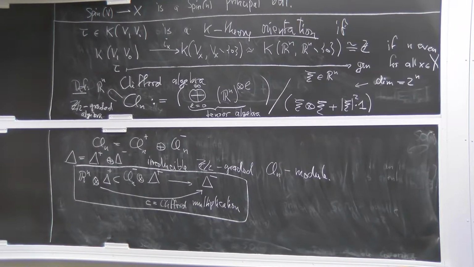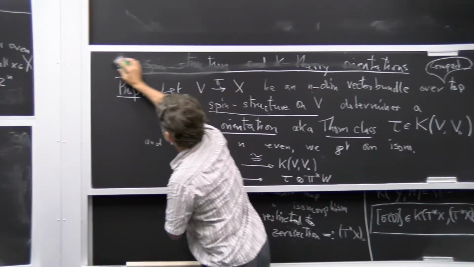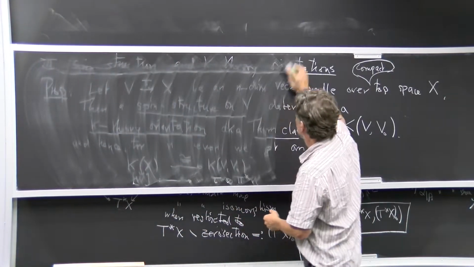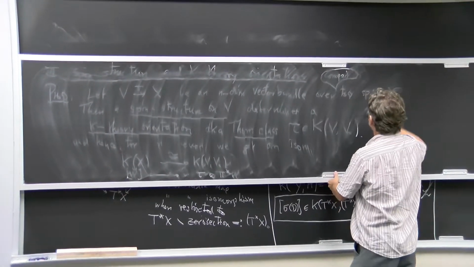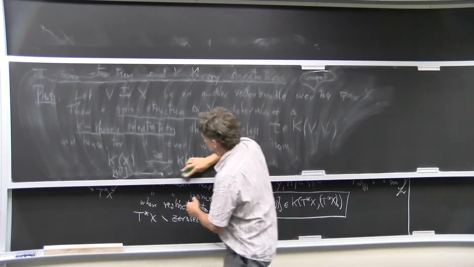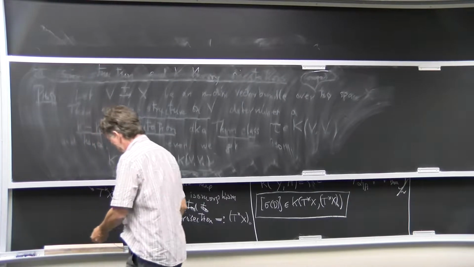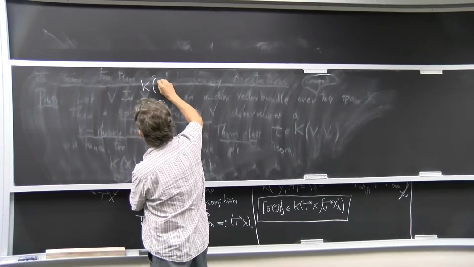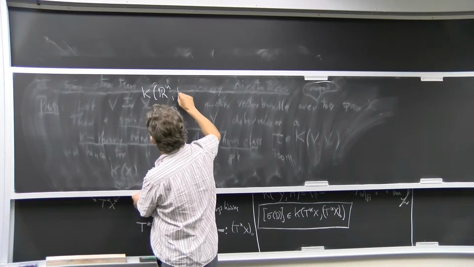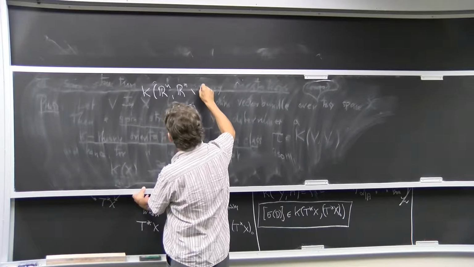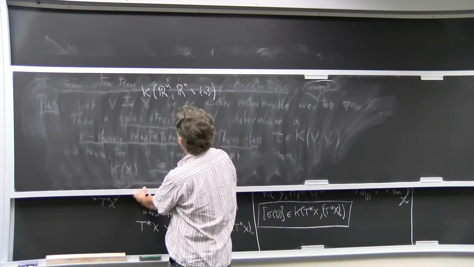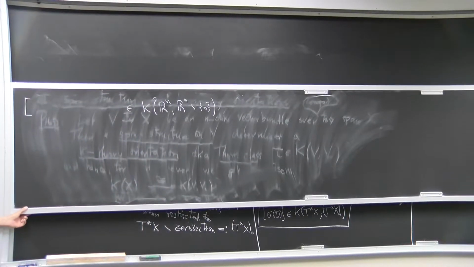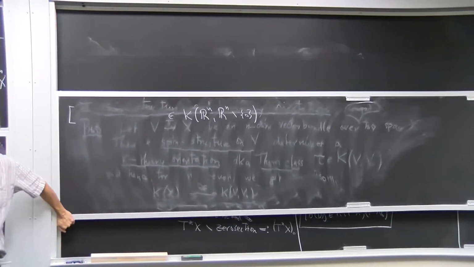All right, so now let's make use of this stuff. I want to write down the generator of the K-theory of Rn, comma, the non-zero vectors. For that, I need to write down two vector bundles over Rn.